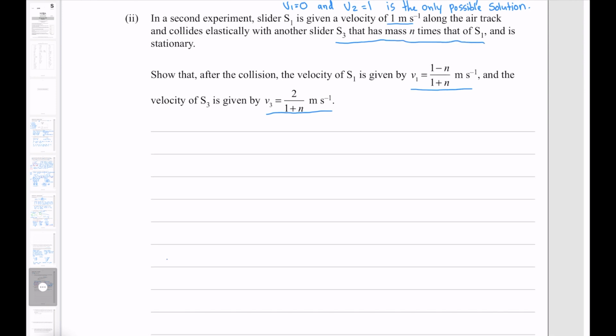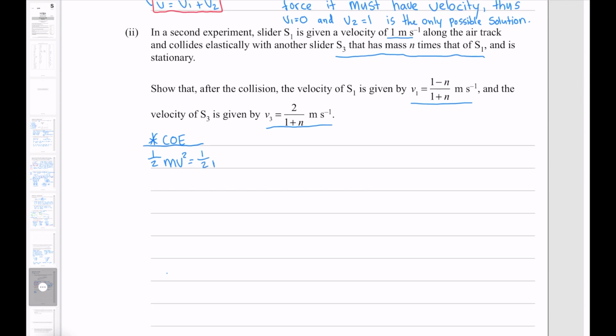So let's start with conservation of energy. Our initial kinetic energy of S1 is going to equal the final kinetic energy of S1 plus our final kinetic energy of S3, where the mass is n times the mass of S1.